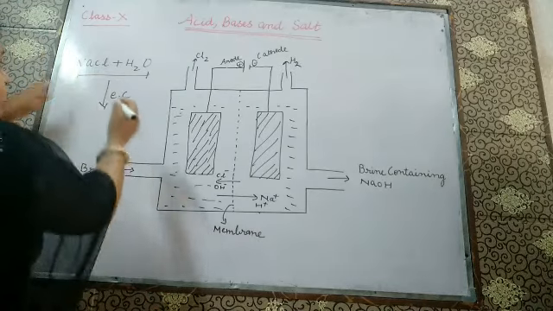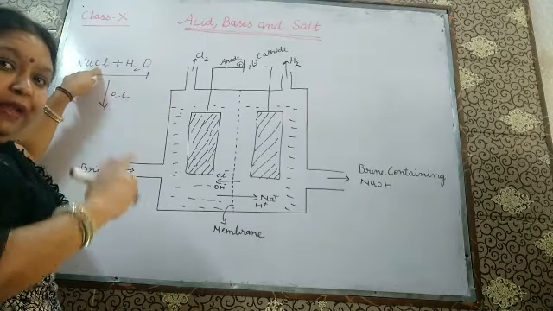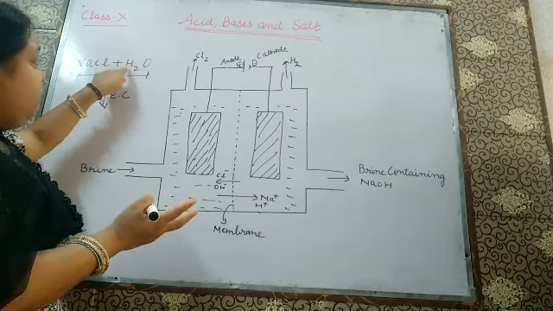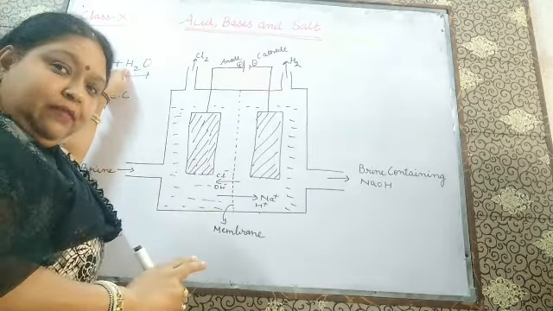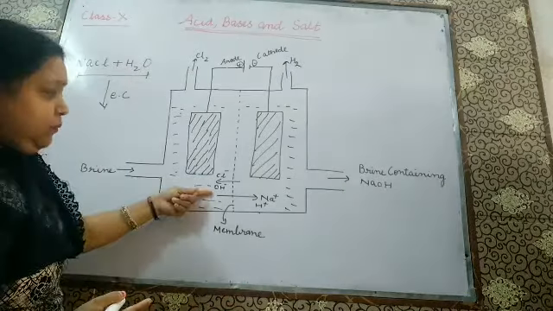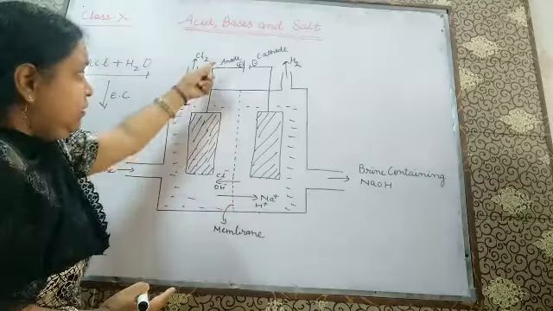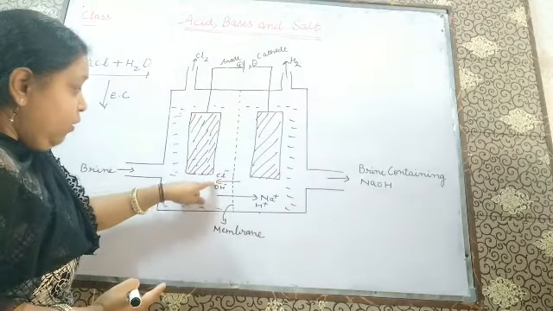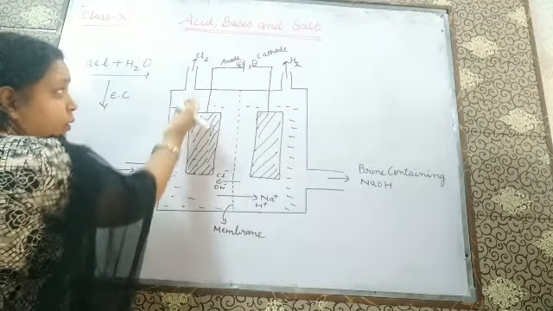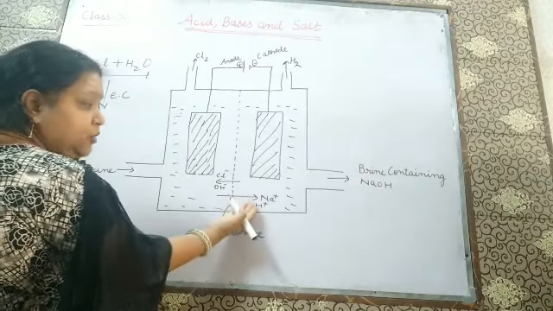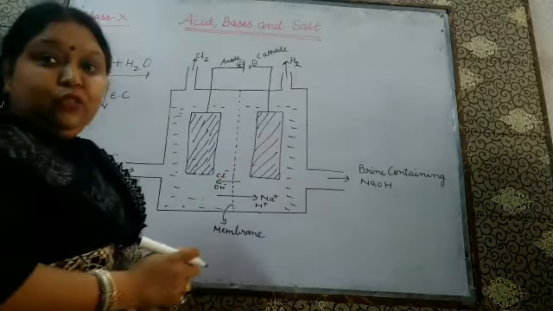We know that NaCl will dissociate into Na plus and Cl minus, and in the same way water will dissociate into H plus and OH minus. To make it clearer, this is the plus side: Cl minus and OH minus both move towards the anode, and H plus and Na plus move towards the cathode.